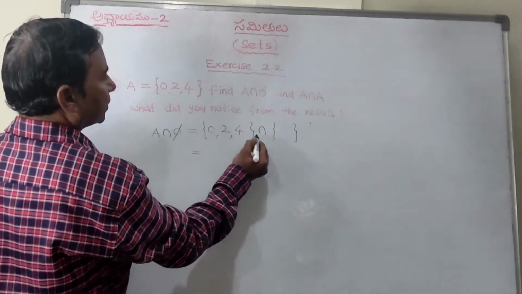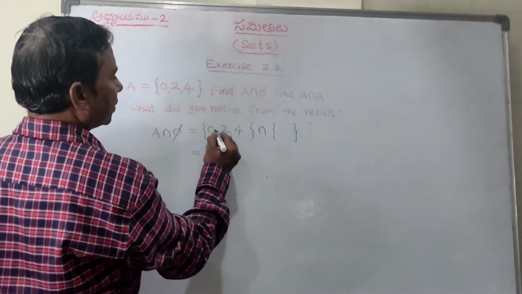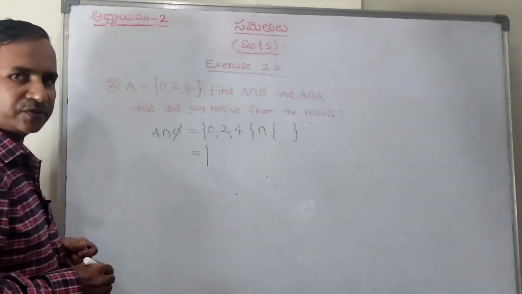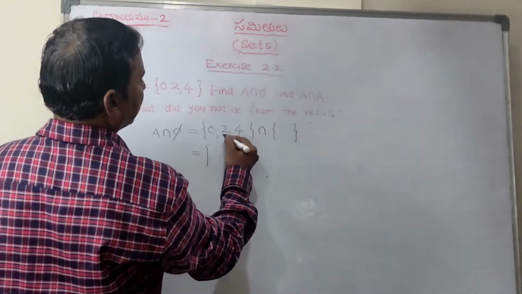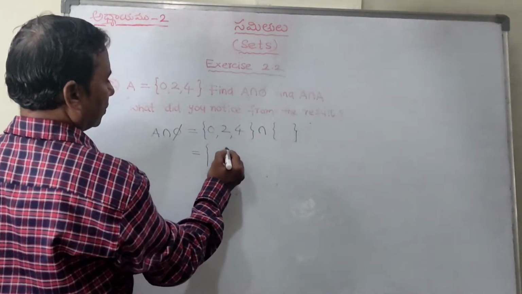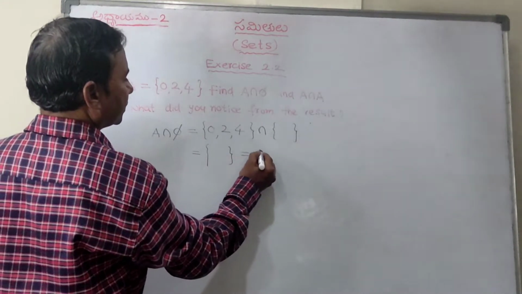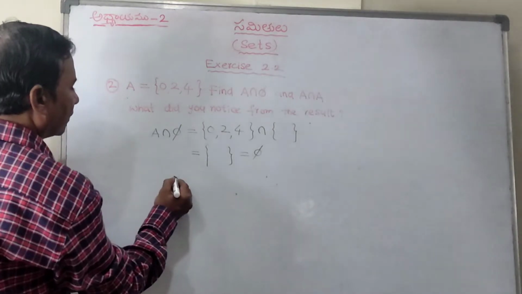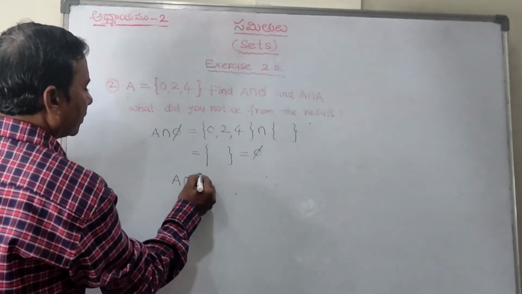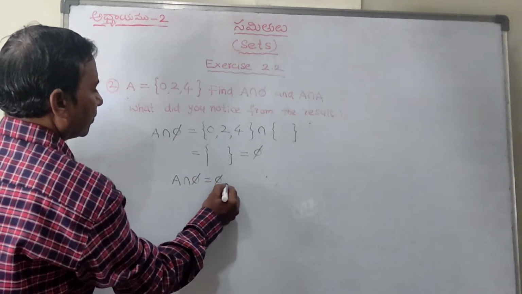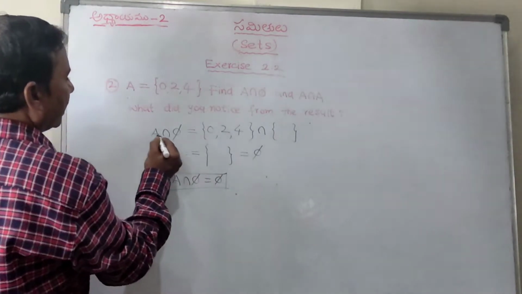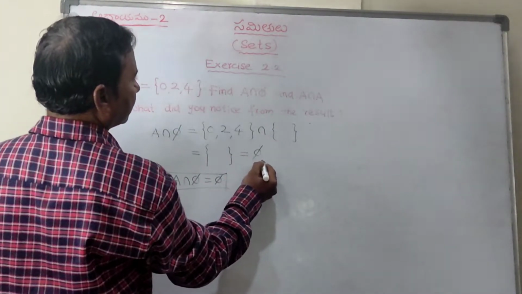Intersection means the common elements which are present in both the sets, isn't it? Are there any elements common in both of these two? No. So again we will be getting the empty set, which is phi. So we observed that A intersection phi equals phi.